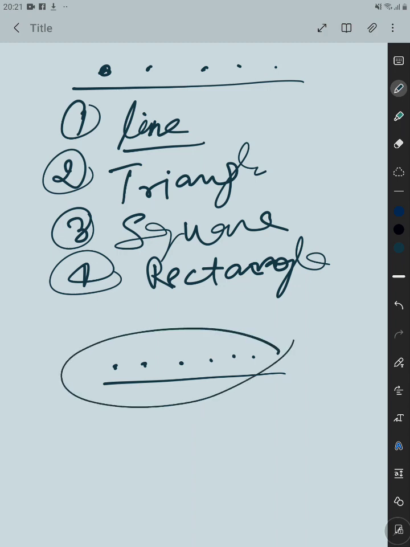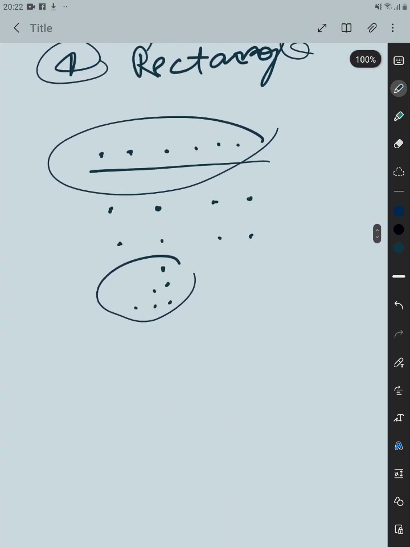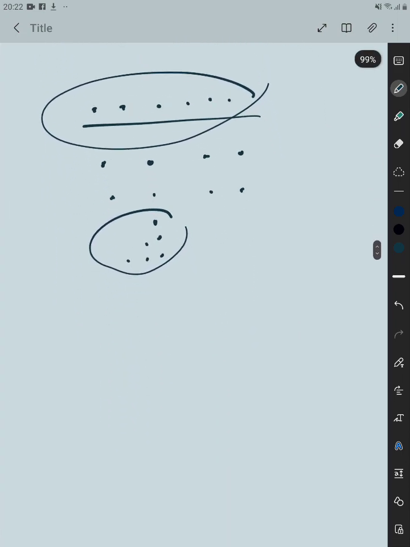A rectangle you can make like this, and a square also like this and this. And the triangle can be made like this and this and this. So this is a triangle. These kinds of patterns can be made from the whole numbers. We'll explain this by taking some examples.